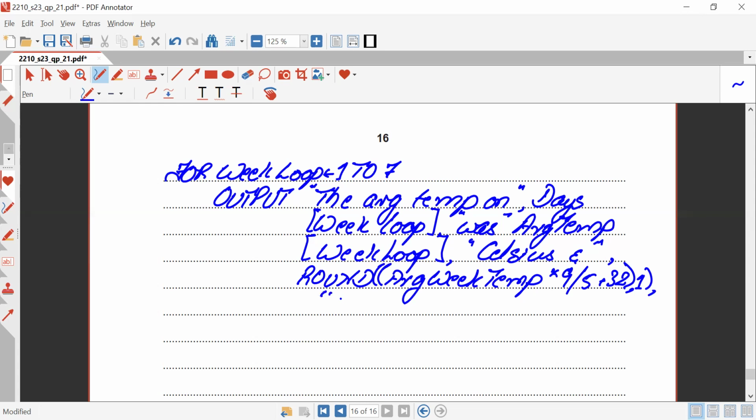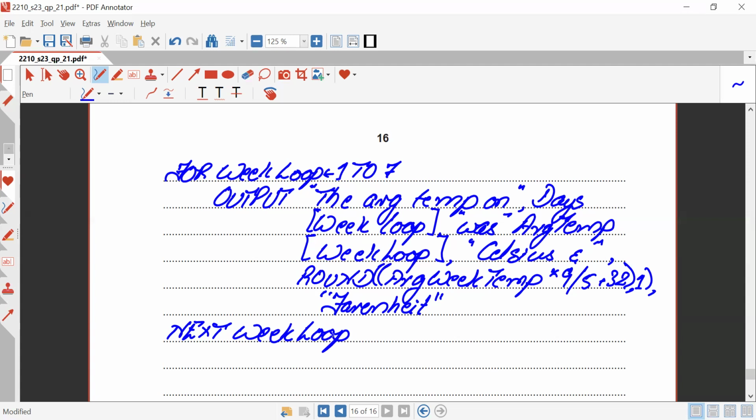Comma Fahrenheit. So this is how we actually converted it over here. Now we were in the loop, so now we will be coming out of the loop. So finally we will be taking out next week loop. Over here at the top, you can write down a comment, just converting the Celsius temperature into the Fahrenheit temperature.